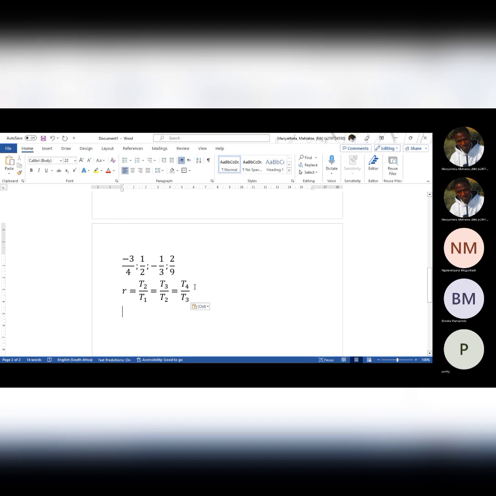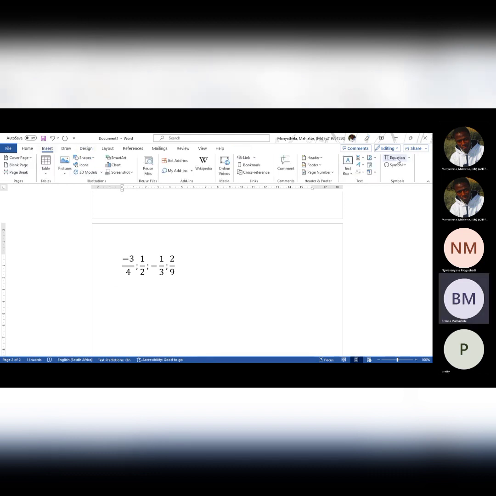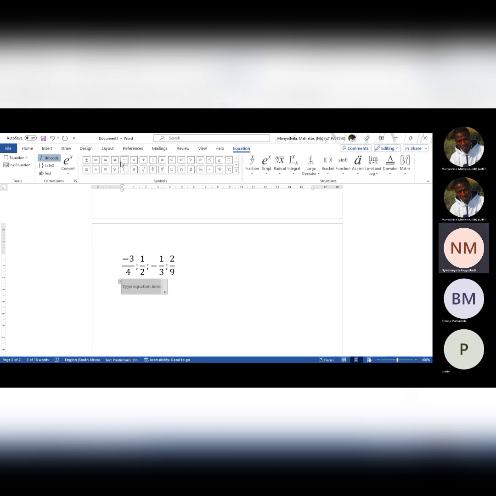Meaning we can continue to the next question: calculate the sum to infinity.